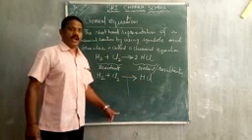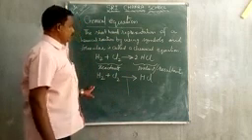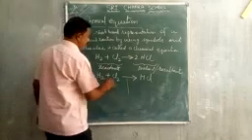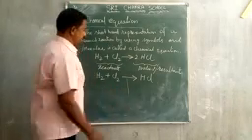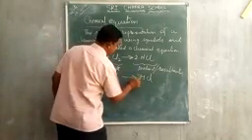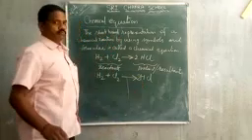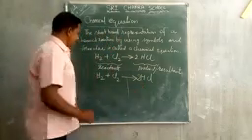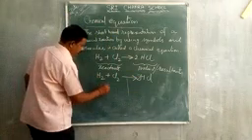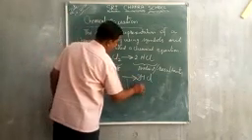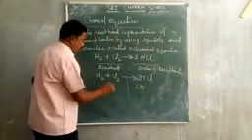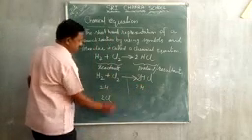It should be obeyed. Therefore, to obey the law of conservation of mass, you multiply this one by 2. Now you see, how many atoms of hydrogen are here? 2 hydrogens. This side, 2 hydrogens. Here, 2 chlorines.